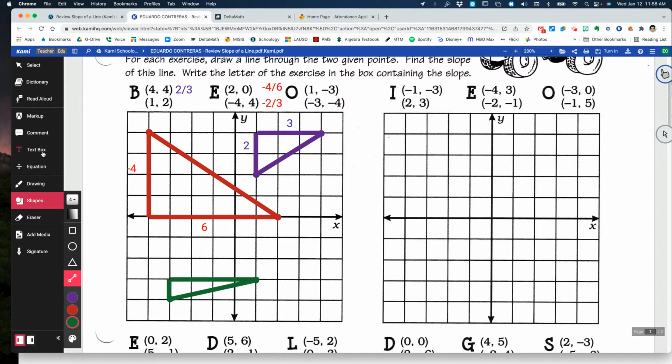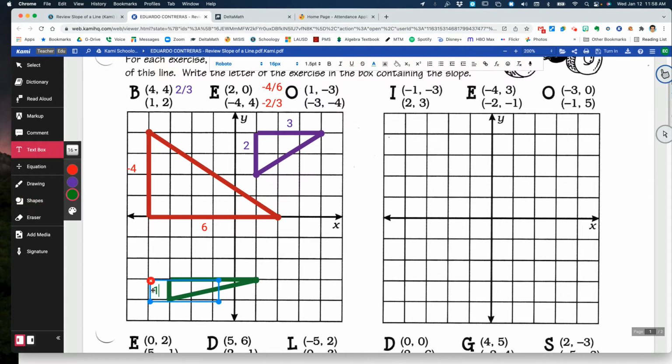So the rise is positive 1 because I'm going up, and the run is 4. It's positive 4 because I go to the right. So it's 1 over 4.